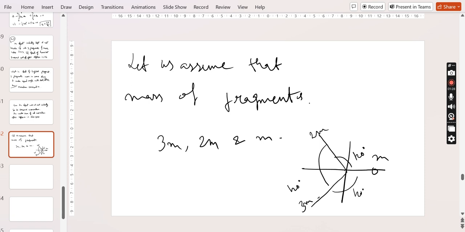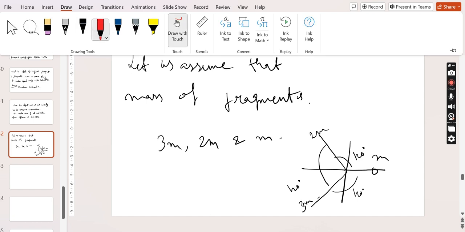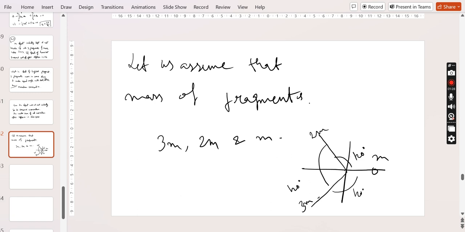So this is 120 degrees. This is 90, this is 30, so it will be 60, and this is also 60.